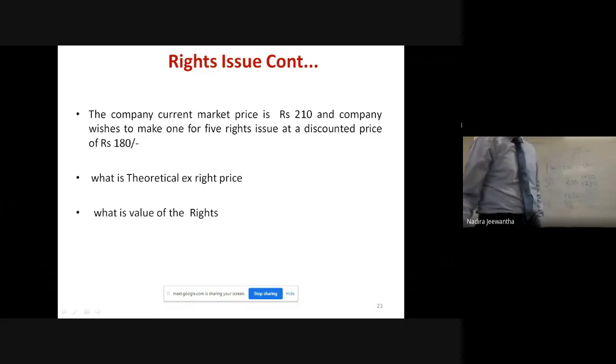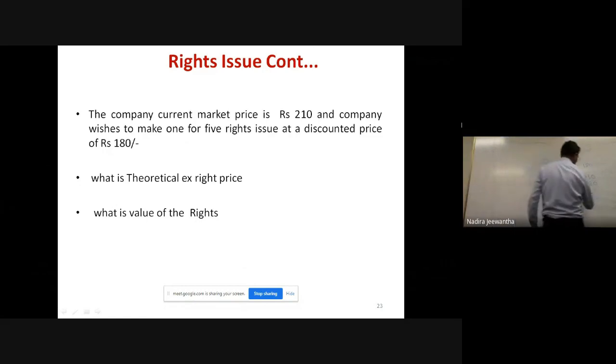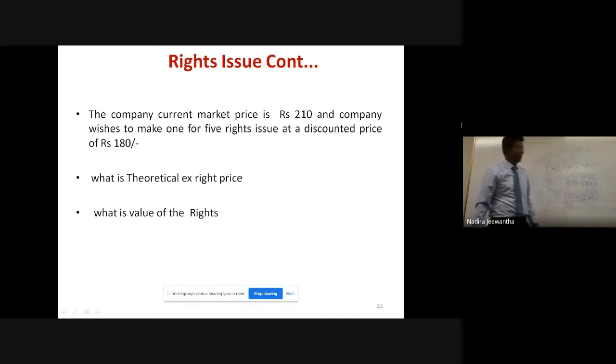Calculation. 205. Before the right issue it was 210. Now after the right issue, the theoretical ex-rights price is 205. So the value is 205.